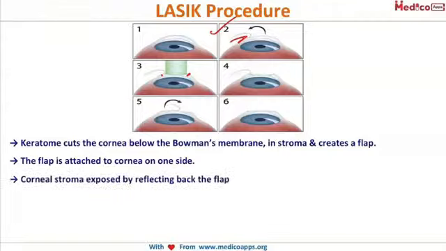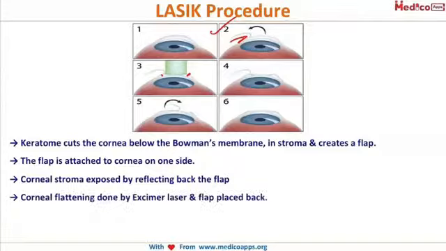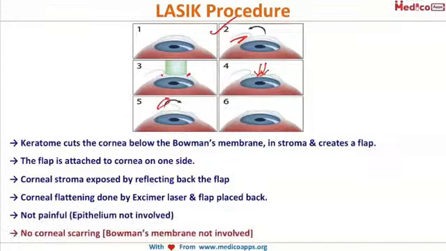Once the flap is reflected back, the Excimer laser is used to ablate the cornea. Once the ablation of the corneal stroma is finished, the flap is placed back into its position and it heals back naturally. So we have seen that it is eliminating the pain and corneal scarring. Is this procedure clear?